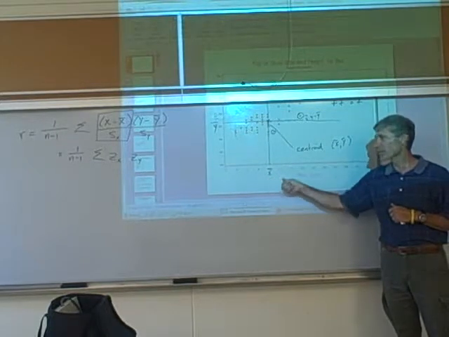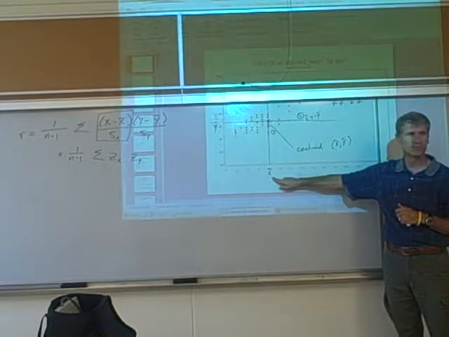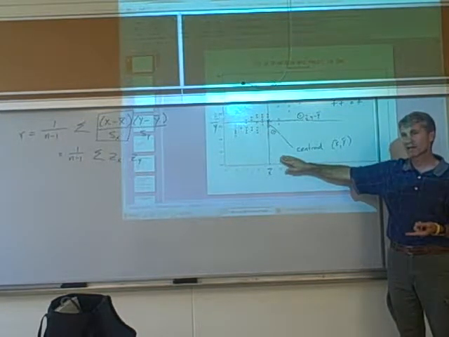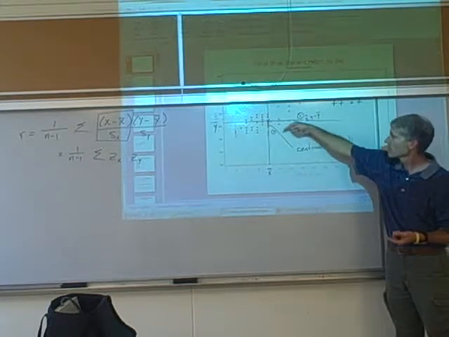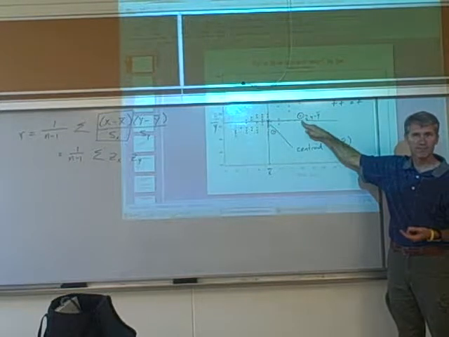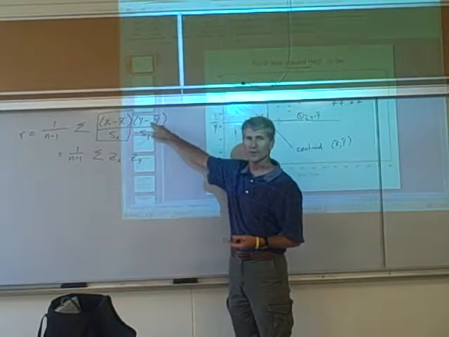Positive, because they are bigger than the mean. They have a bigger shoe size than the average shoe. Right? So positive x. Now what about the y? Negative, because they are shorter than average. Right? Everybody see that? So y minus y bar is going to be a negative number.